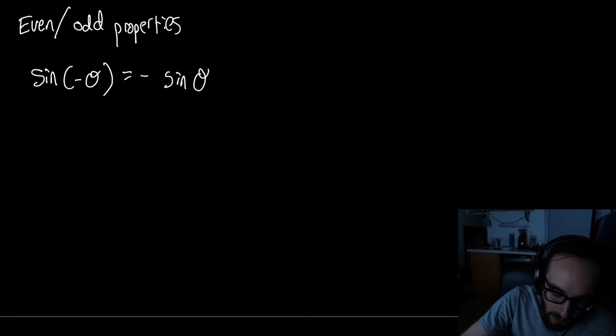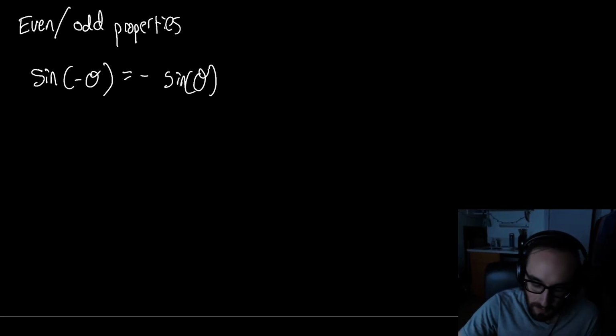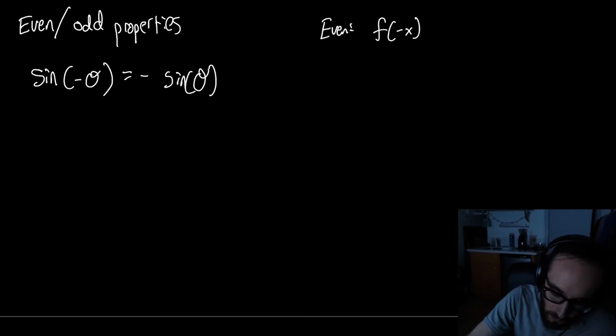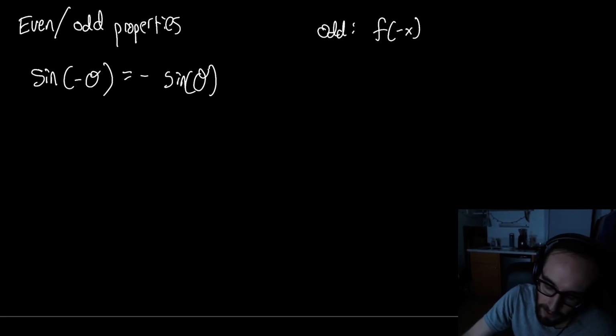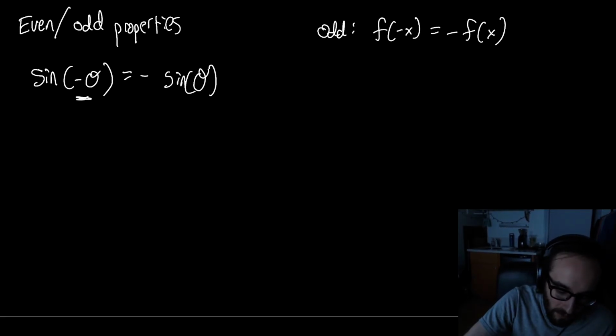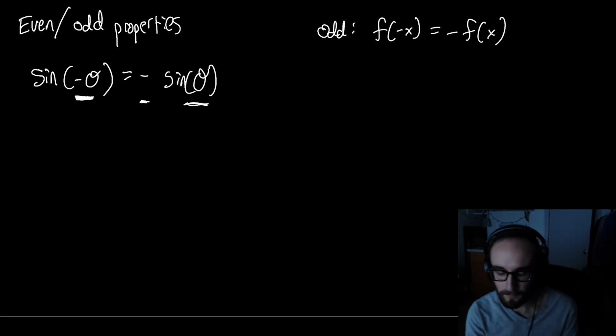So thinking back to our even and odd functions, actually for odd functions, we saw that f of negative x is equal to negative f of x. And this is the same idea. We have the negative input and we get the negative output of theta.